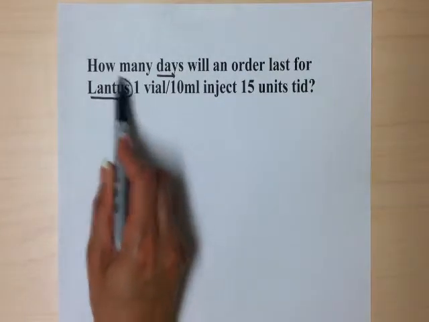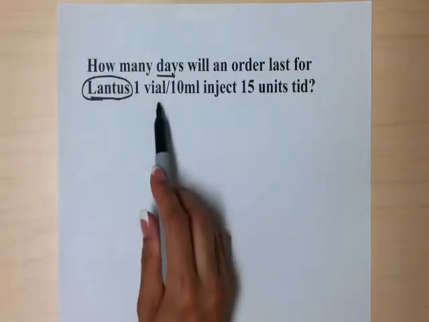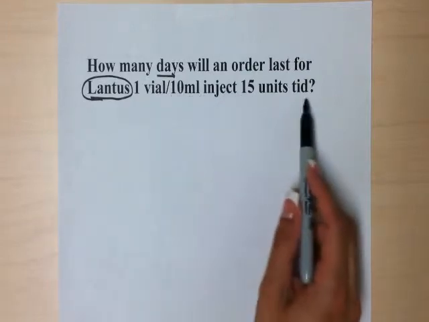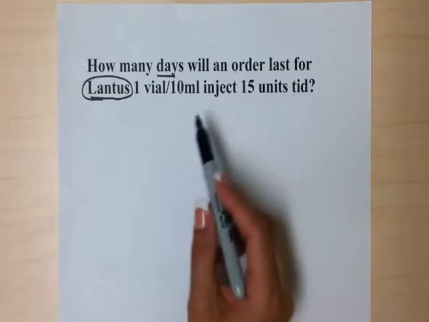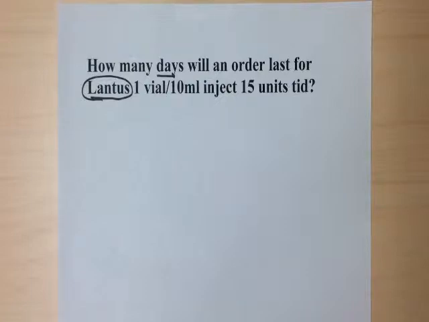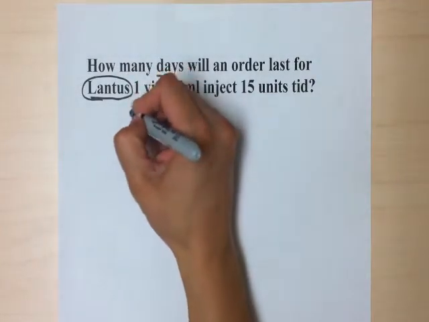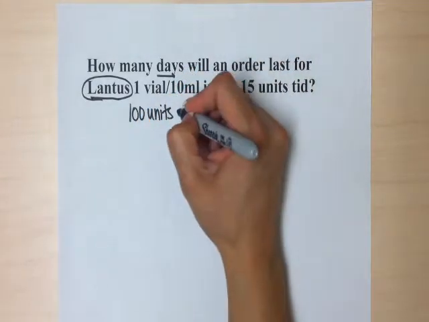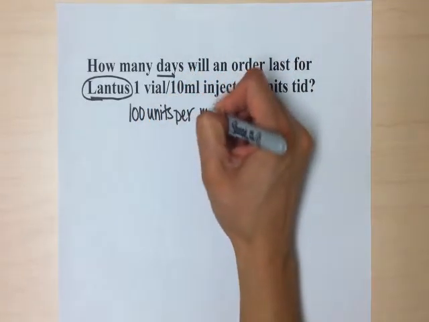This is actually an insulin. 1 vial / 10 mL, inject 15 units TID. One hint that I'm going to give you that you should definitely commit to memory, and this is useful with day supply questions pertaining to insulin, is that there are 100 units of insulin per milliliter.